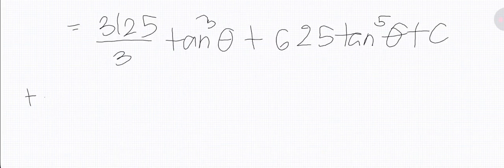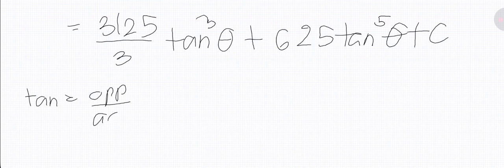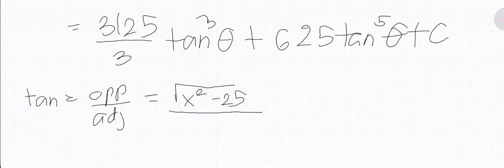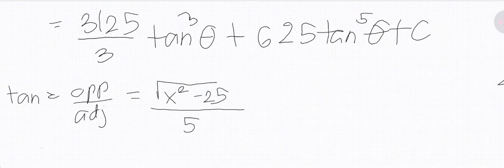So tan is opposite over adjacent, which equals the square root of x squared minus 25 over 5.